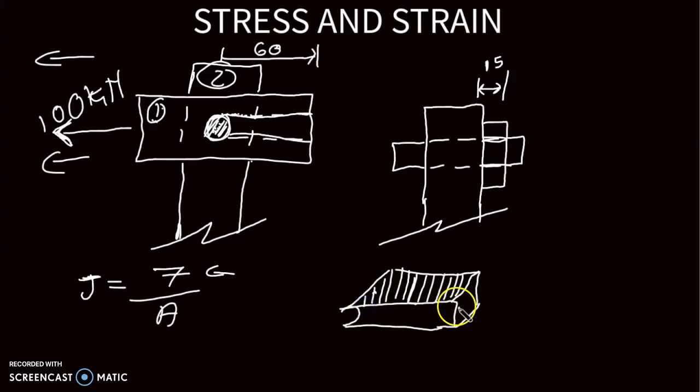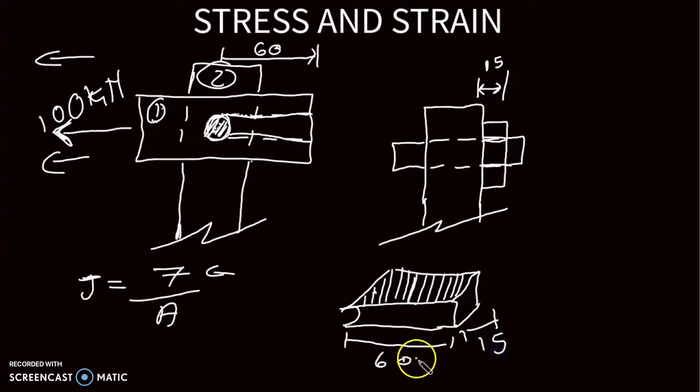where the object separated. And we know we are given 60 from here to here. It's 60. And fortunately, they also gave us the thickness of this material, which is 15. That 15 will go where? From here to here.